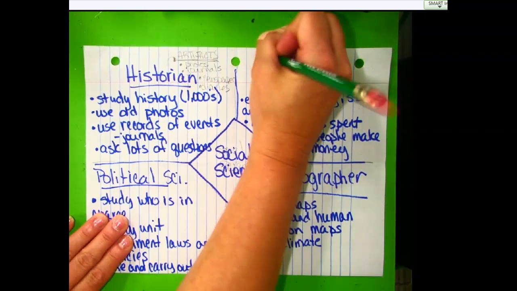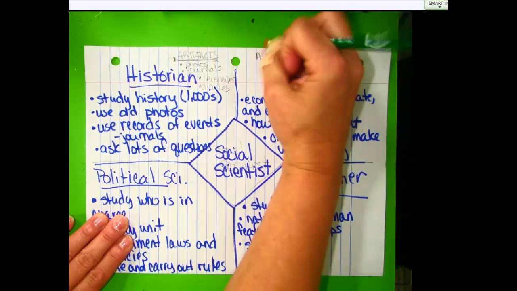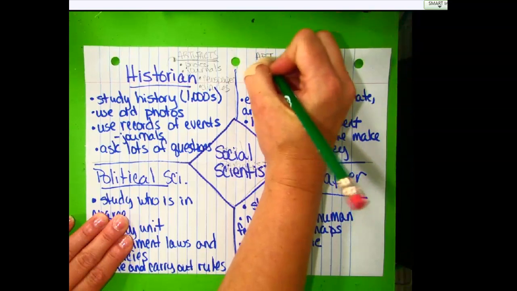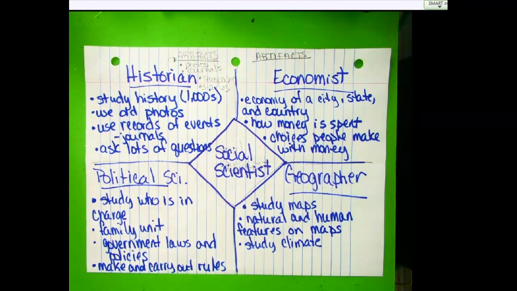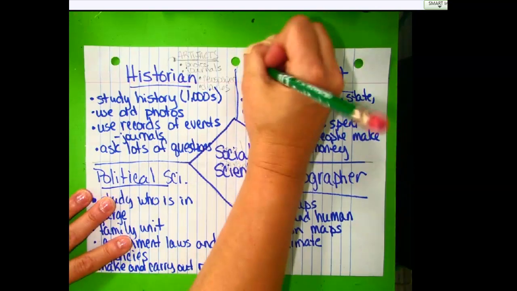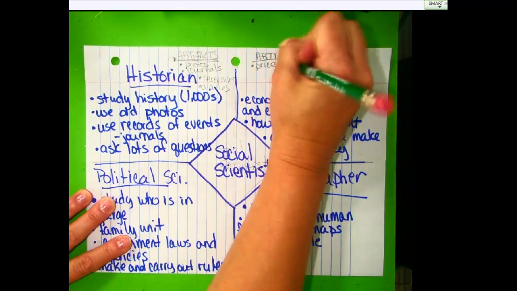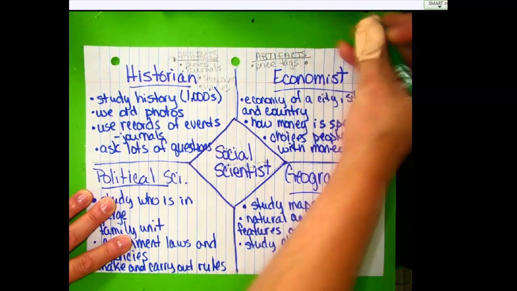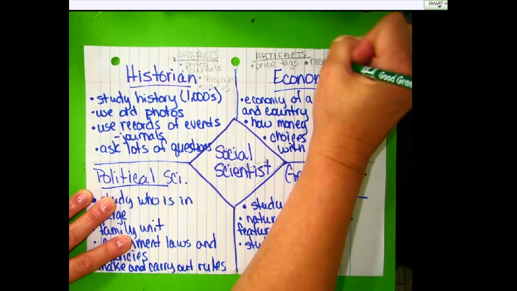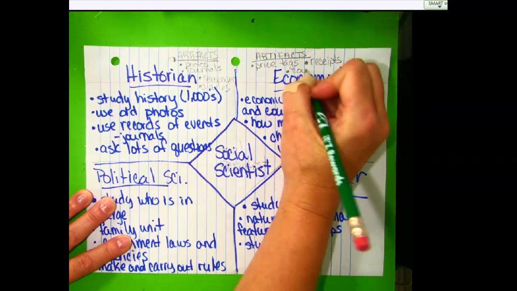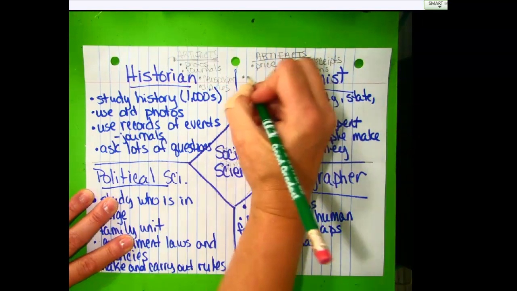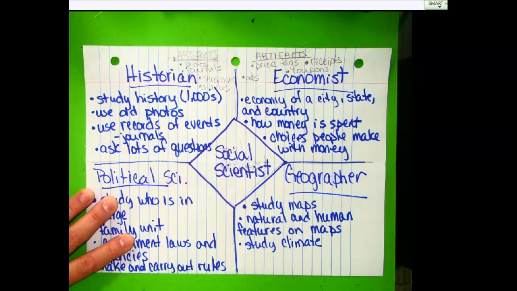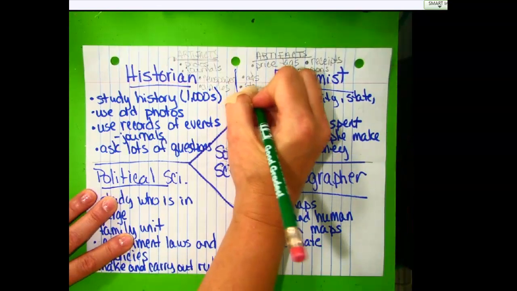Economists, their artifacts. Economist artifacts would be price tags, they might look at receipts, they look at coupons, advertisements, and items bought.